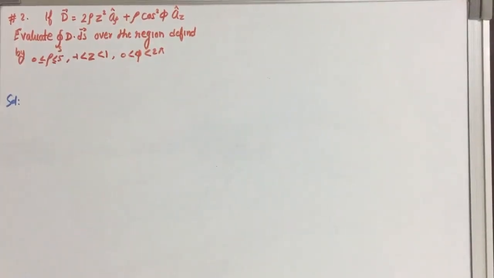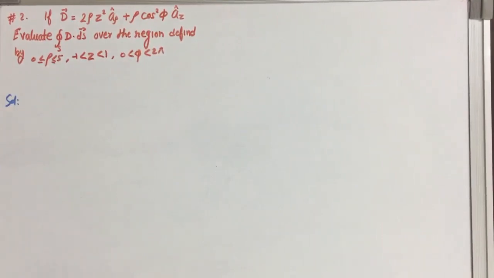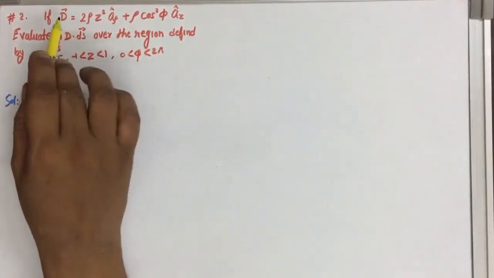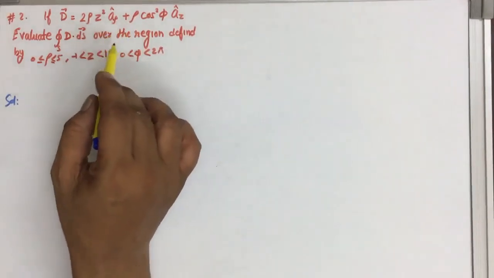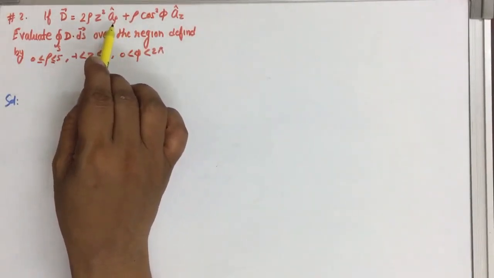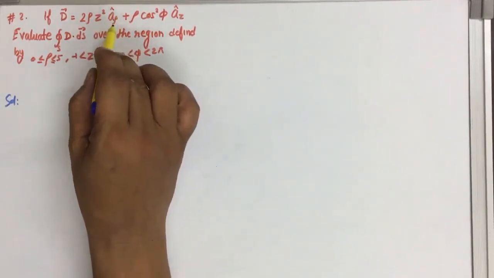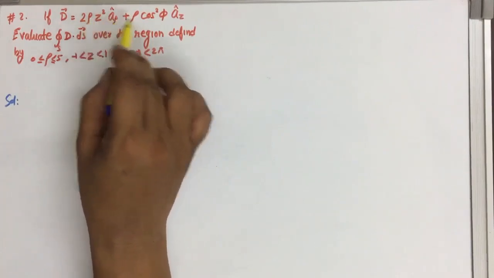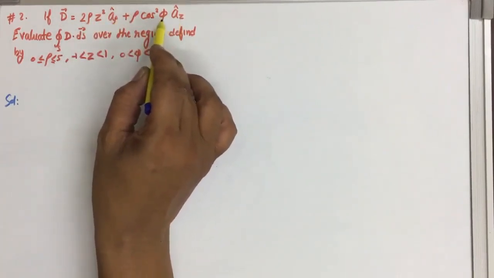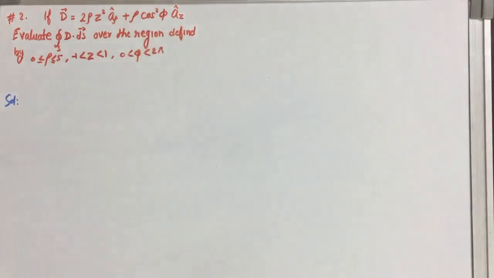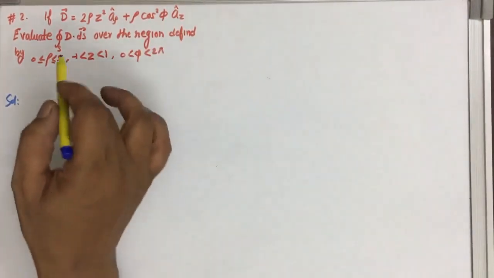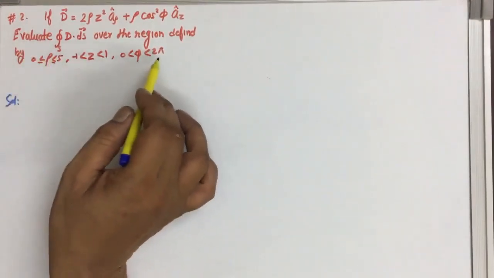Now let us consider a second example in which a vector is given and the vector is in rho, phi and z. In this way we can say this is in the cylindrical coordinate system and the region of the cylinder is provided.